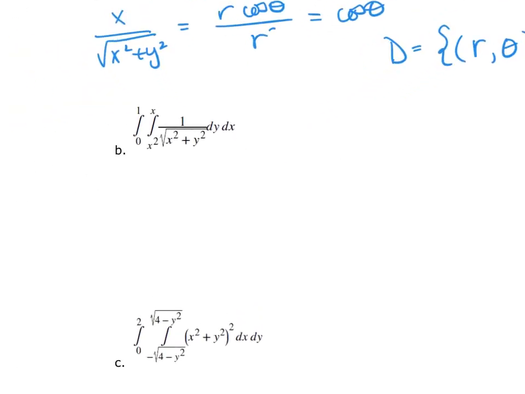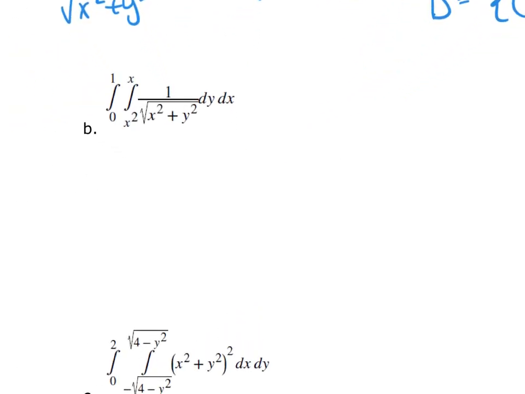Now let's take a look at this one. This is one in which we're kind of stuck doing the switching out in terms of polar, because it's 1 over the square root of x squared plus y squared. I mean, you can totally do it without polar, but I think it's going to be more of a hassle. So the first thing I'm going to do is the switching out of this part.